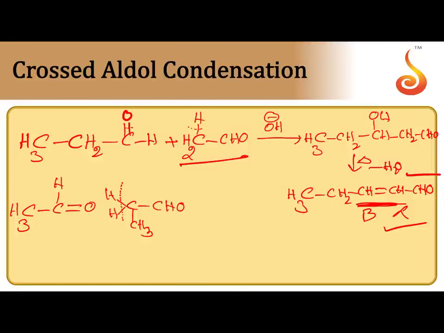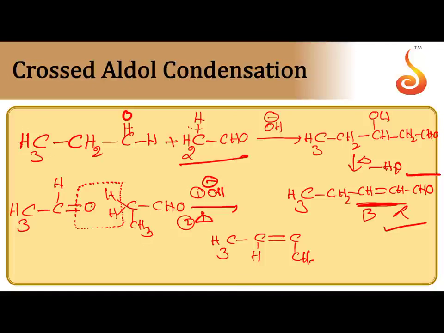Two alpha hydrogens of one molecule and oxygen of other molecule together removed. So two steps are required here: dilute alkali followed by heating. Two steps together I am writing. So remove oxygen from one molecule, two alpha hydrogens from other molecule. Just you combine both the carbons, carbonyl carbon and alpha carbon, through double bond.